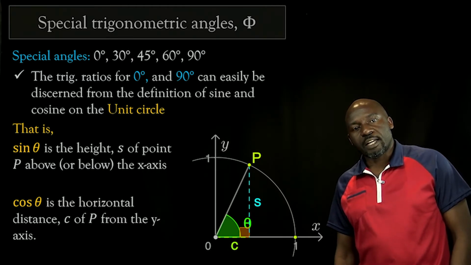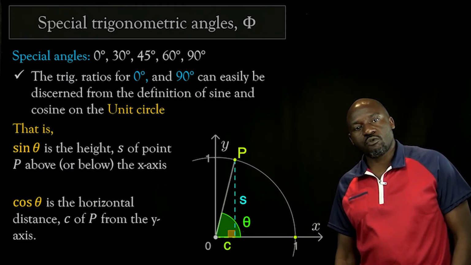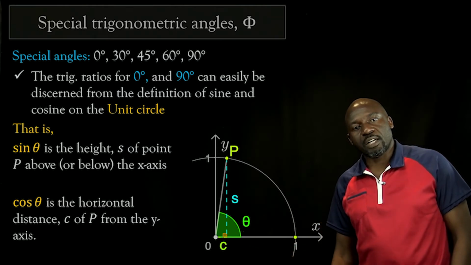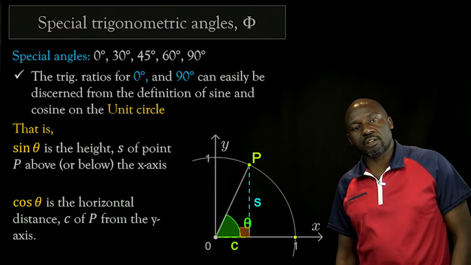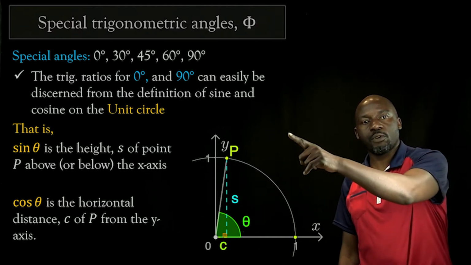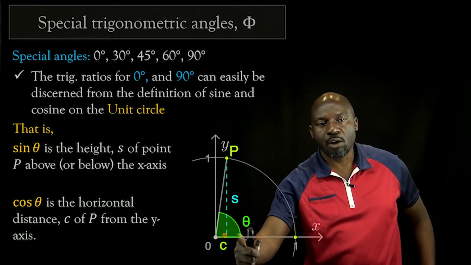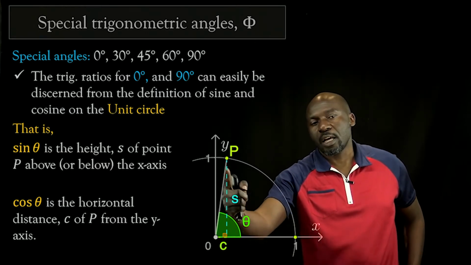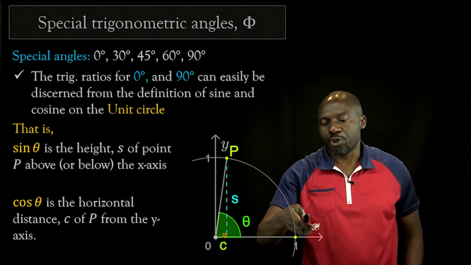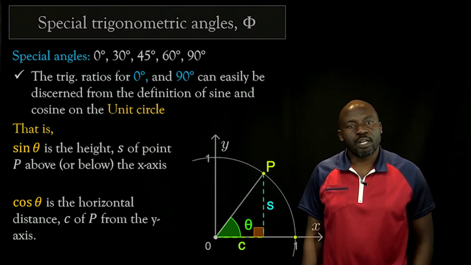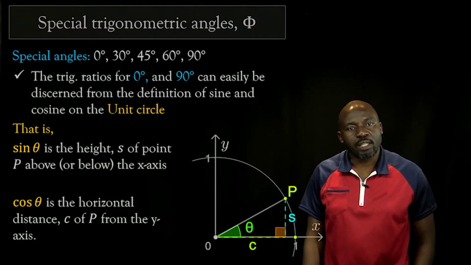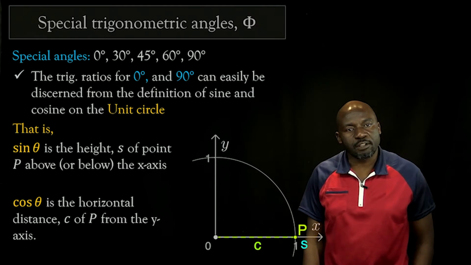As P moves towards the top, the value of S is increasing while the value of C is decreasing. If I move P back, we should be able to see that the value of S is decreasing while the value of C is increasing.